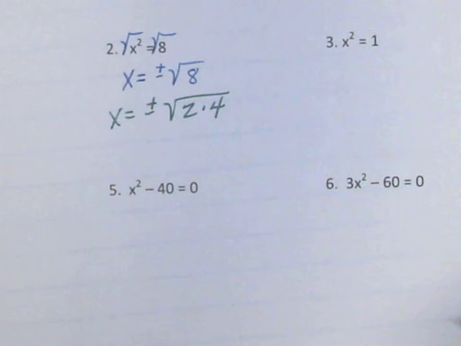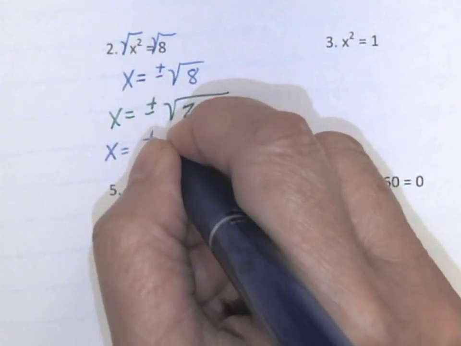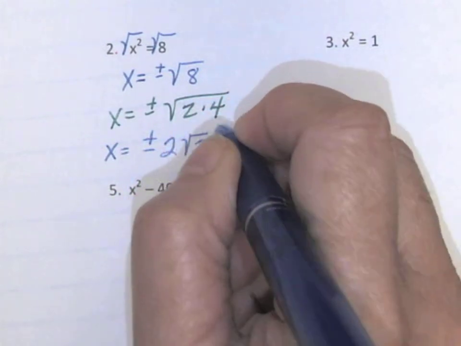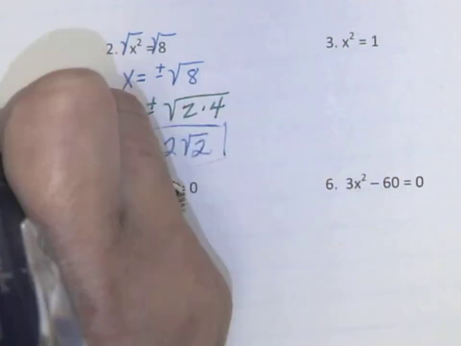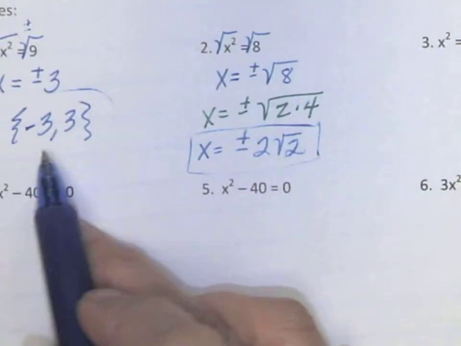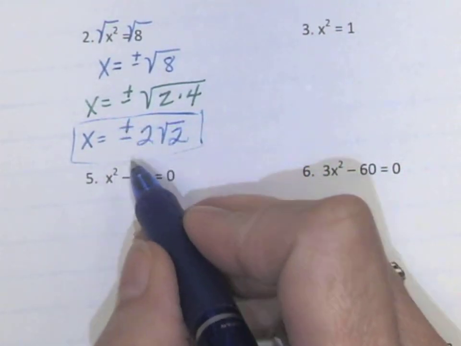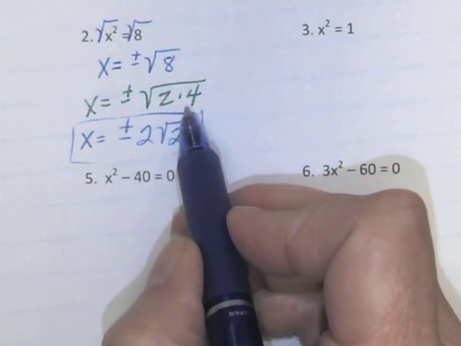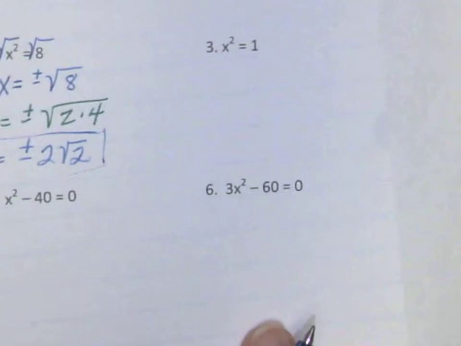And what is the square root of 4? It's 2. So x is positive or negative 2 square roots of 2. I wouldn't write this one in brackets like the first one, because you'd have to rewrite all this again. I would just leave it like this: positive or negative 2 square roots of 2. Because 8 simplifies to 2 times 4, the square root of 4 is 2, and that 2 remains.